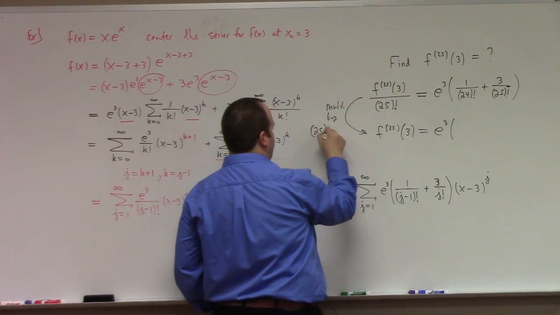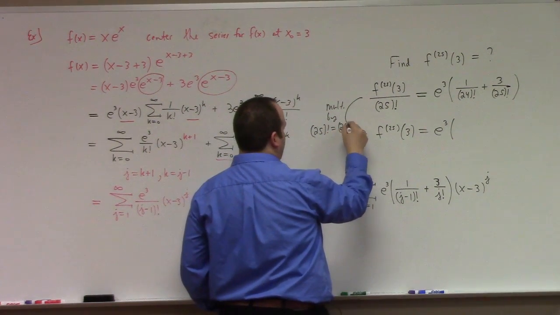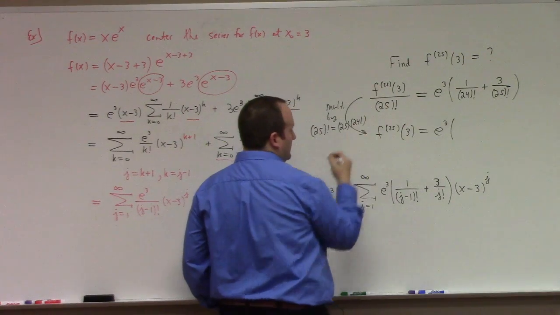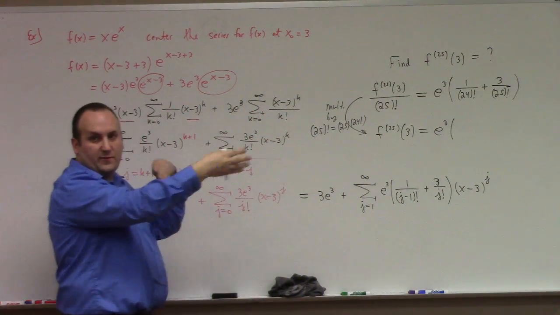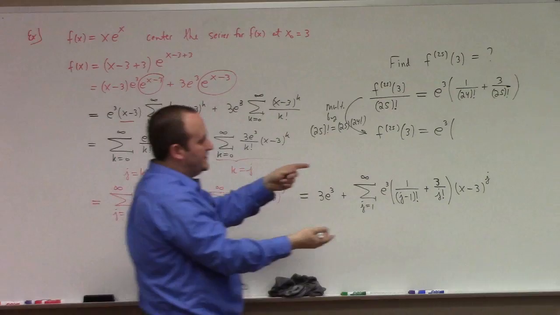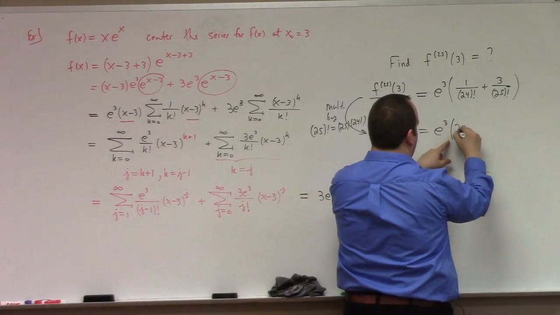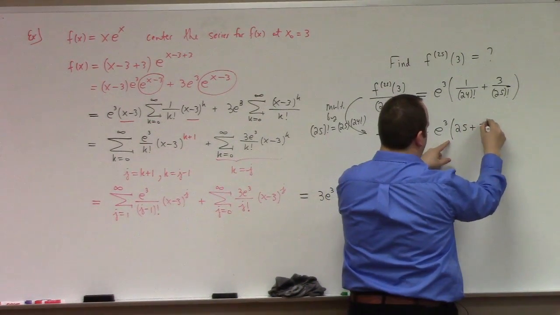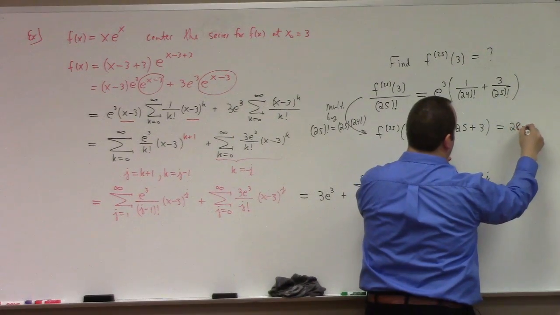Remember, 25 factorial is equal to 25 times 24 factorial, right? So the 24 factorials cancel, and you're just left with a 25 here plus 3. So it's equal to 28 times e to the third power.